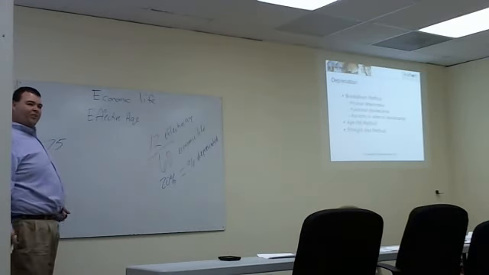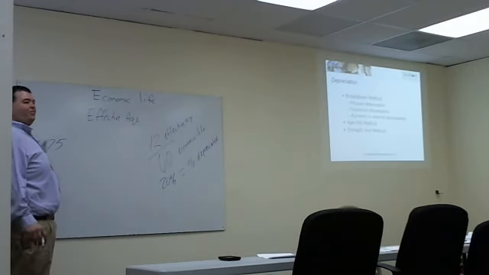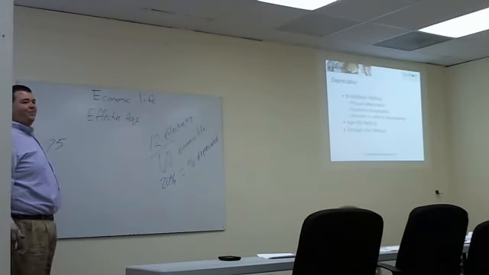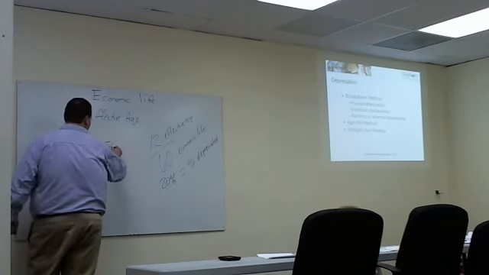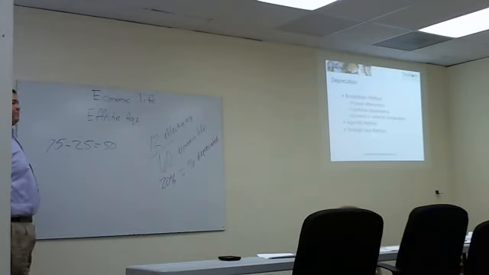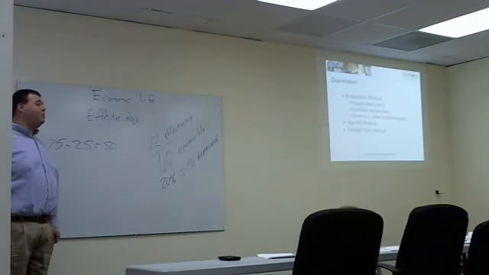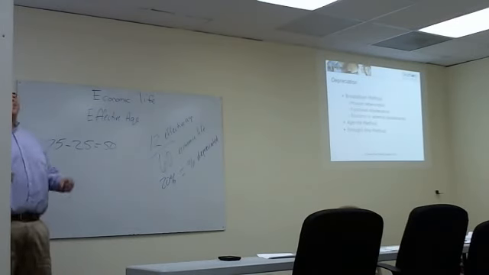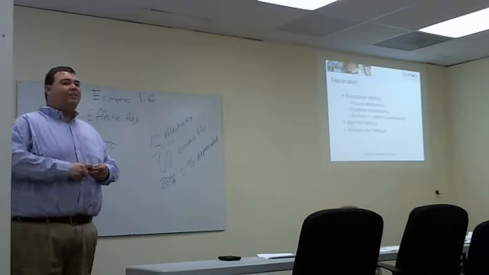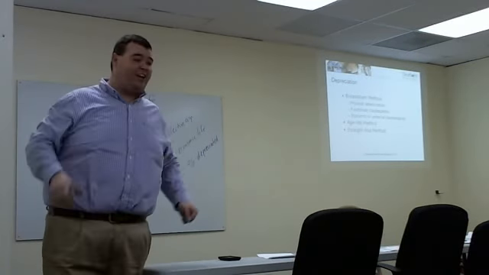So is the effective age 25 or is the effective age 75 minus 25? The effective age would be 50 because it has 25 years remaining. The effective age has already taken place. It's the flip side of what's remaining.